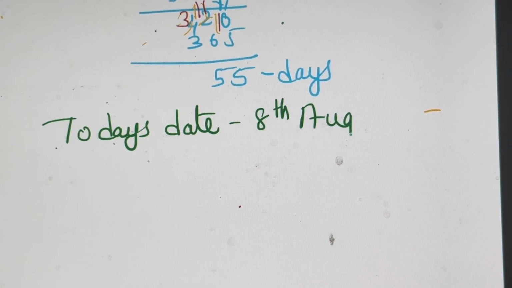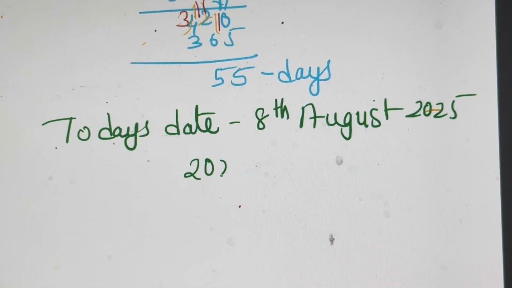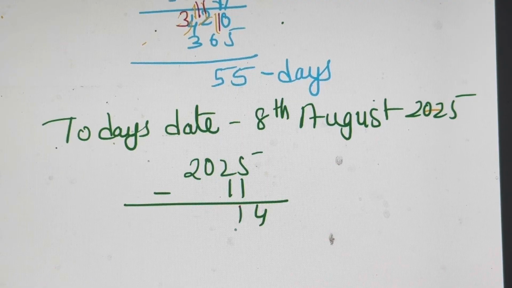And the year is 2025, whichever year you are doing. If you are doing it in 2026, then you will do it accordingly. Right. So now first we go backwards 11 years, because it is 11 years. So 2025 minus 11, you get 2014. We got the year now.